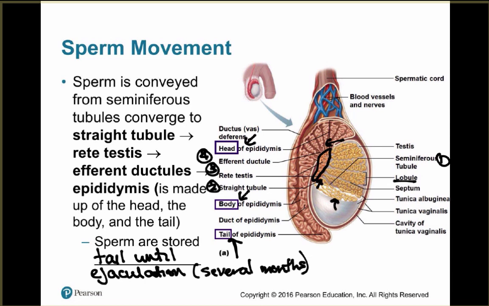And basically there are these little microvilli, also known as stereocilia, that will absorb the testicular fluid.